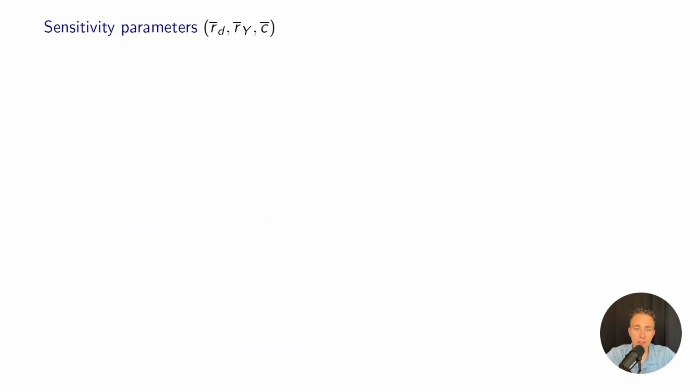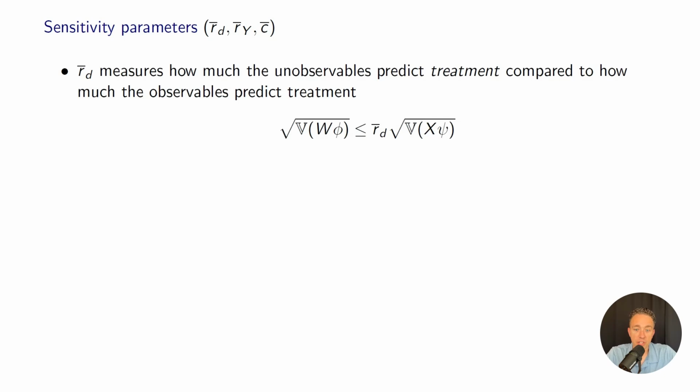This paper also comes up with sensitivity parameters that we can use to gauge the strength of our analysis and its conclusions. There's R bar d that I already went through, there's R bar y, and there's C bar. R bar d, as we just mentioned, is an upper bound on the relationship between the selection on unobservables and the selection on observables.